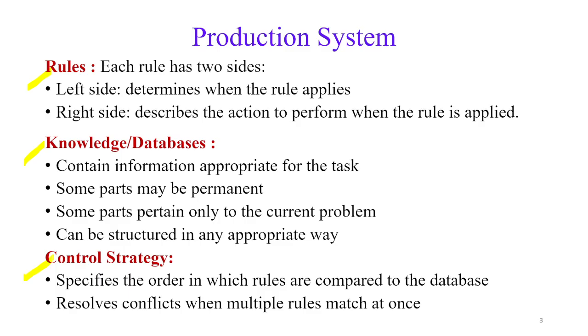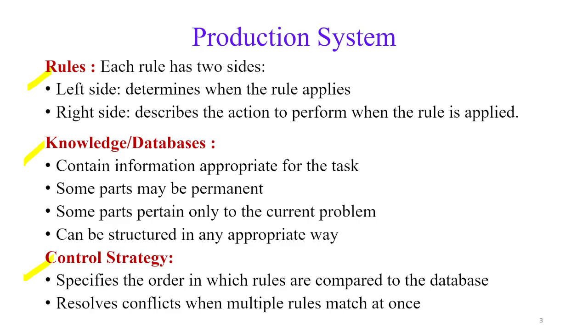In a forward chaining approach, you start from the known facts, then keep firing the rules until you reach a goal. In a backward chaining approach, you start from the goal and work backwards to see the facts.